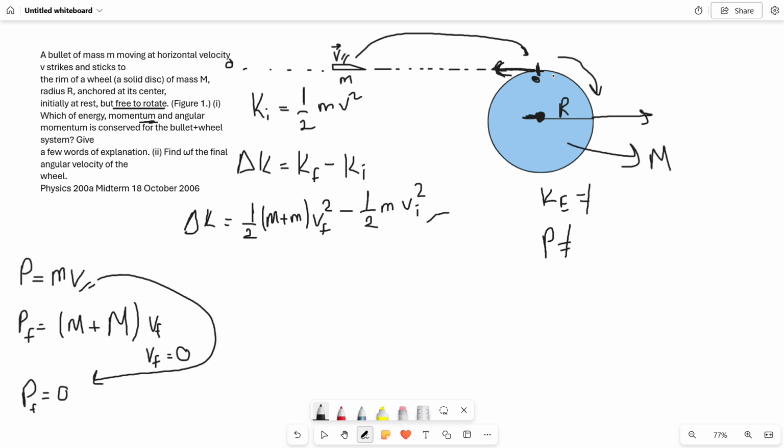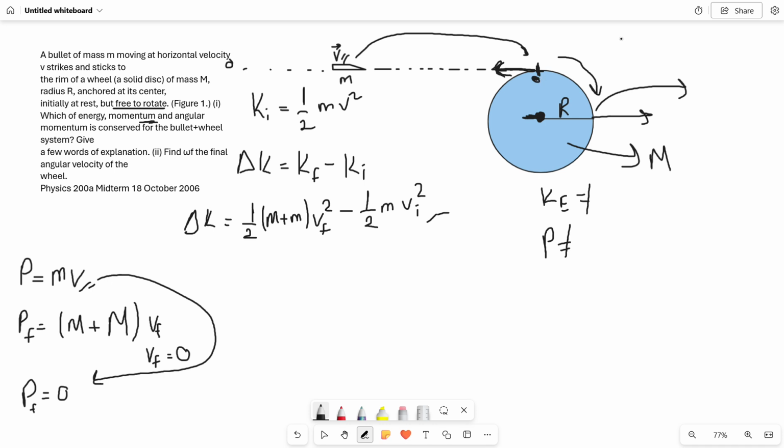There is a torque because there is a spin in the wheel. The other torque is the external torque. The external torque needs to be 0 because the wheel is not moving to the right side. That's why external torque is 0.